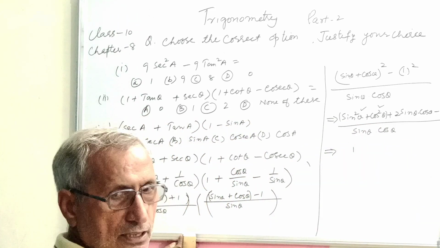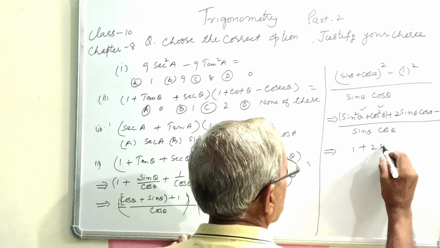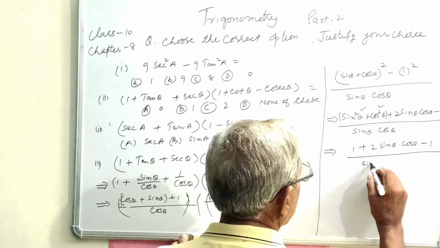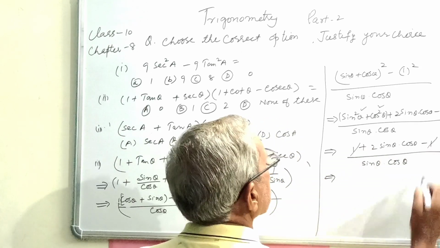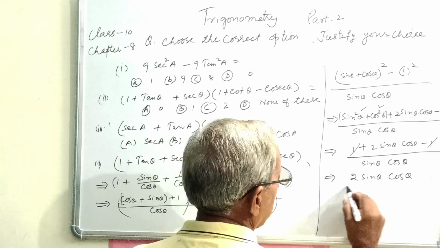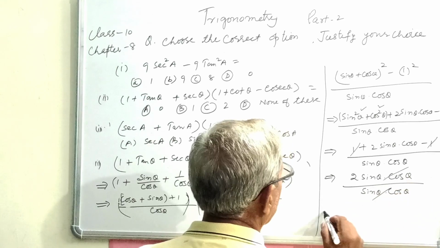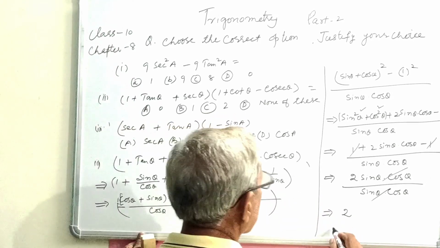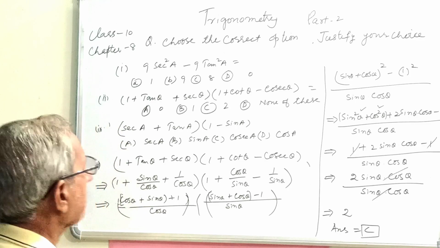Sin square theta plus cos square theta equals 1. After that, plus 2 sin theta into cos theta, minus 1, upon sin theta into cos theta. So plus 1 and minus 1 cancel, then 2 sin theta cos theta upon sin theta cos theta cancels, and the value is 2. So which option is 2? That is C. So the correct option is C.